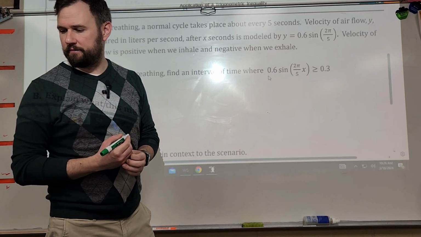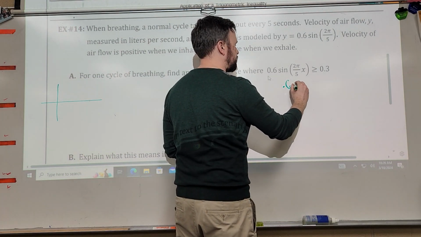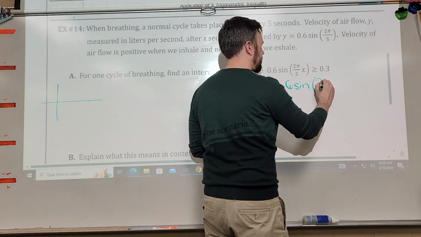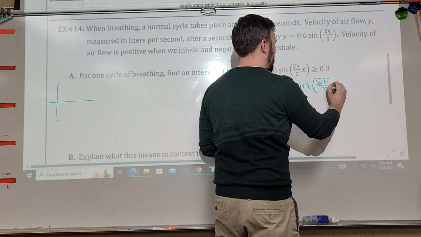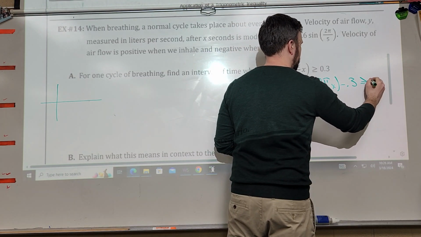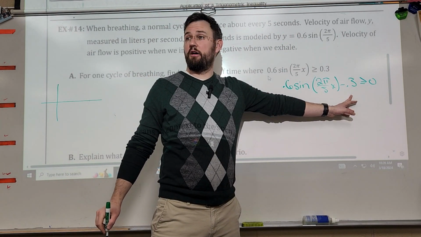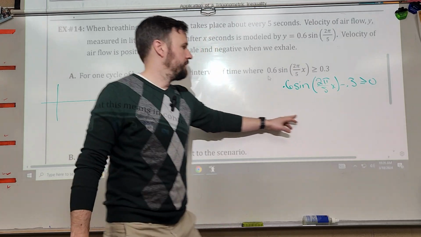I'm going to do it differently than they did. This is the Mr. Twilliger method. Maybe it's wrong. But this is how I think about this. I would graph this, right? Is that something I can graph pretty quickly without a calculator, right?